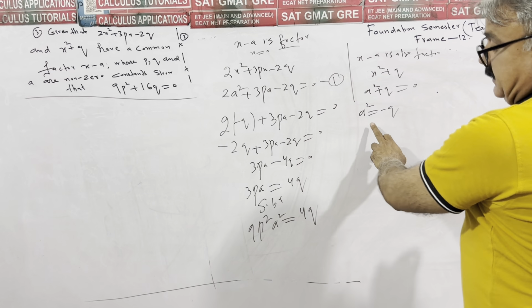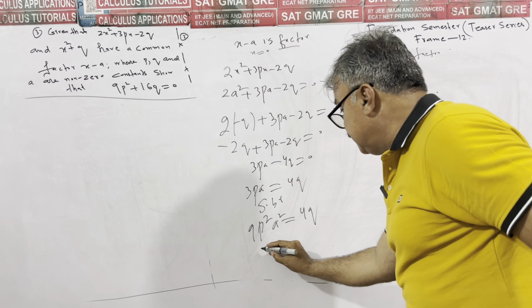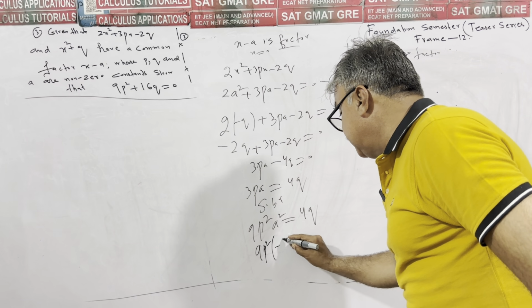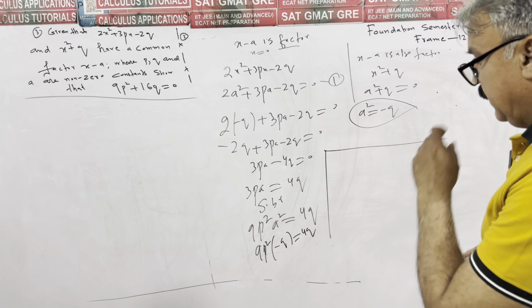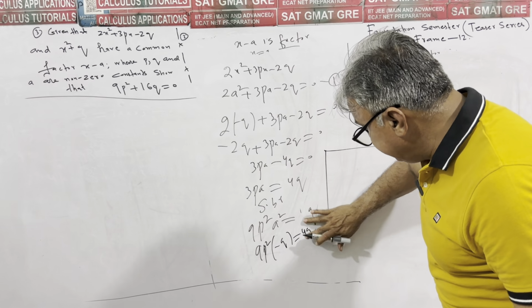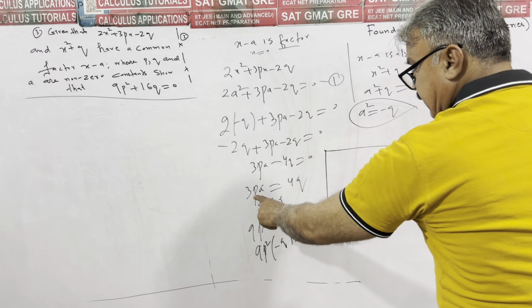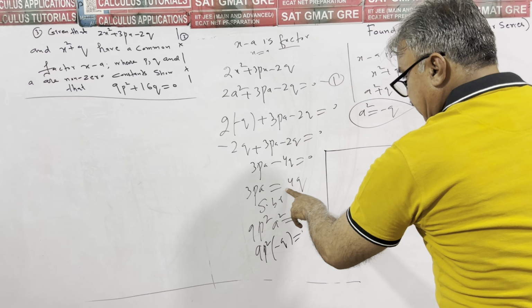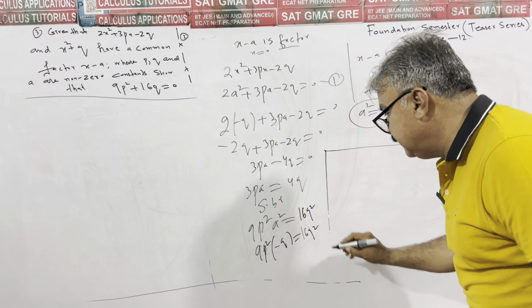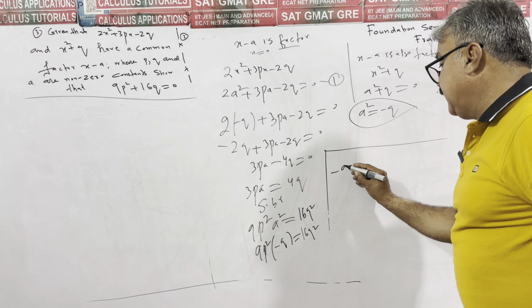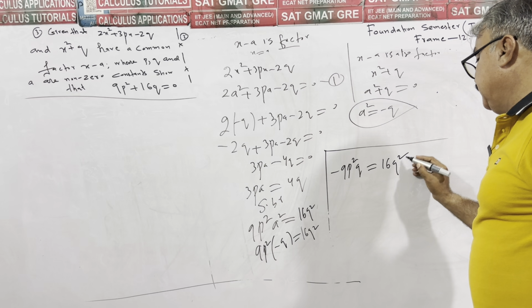So it is 9p square times minus q is equal to 16q square.